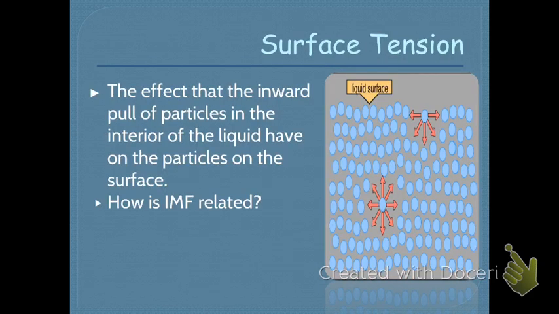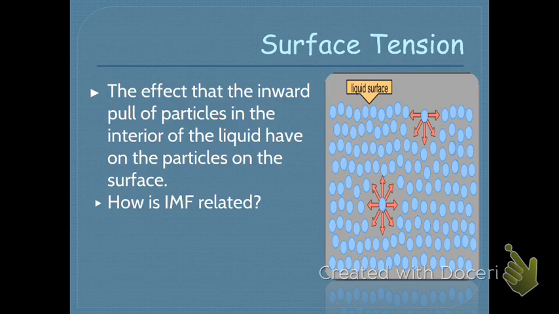And the last one is surface tension. You guys did surface tension when you dropped the water or solutions on the penny. And remember, IMF is the attraction amongst these molecules. The greater the attraction, the more drops or molecules you could have added, because they can hold on to each other tightly.